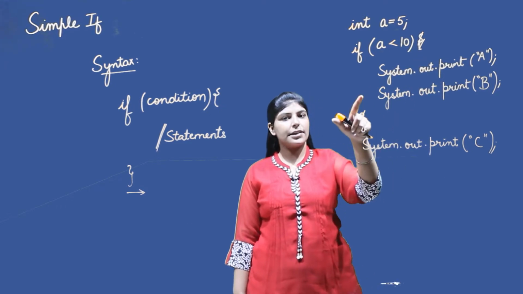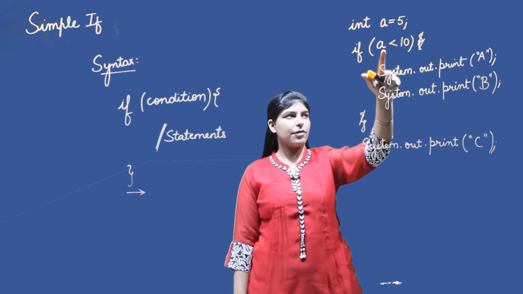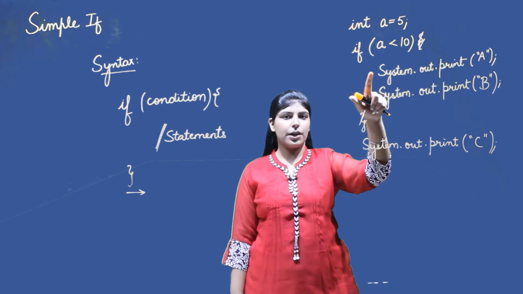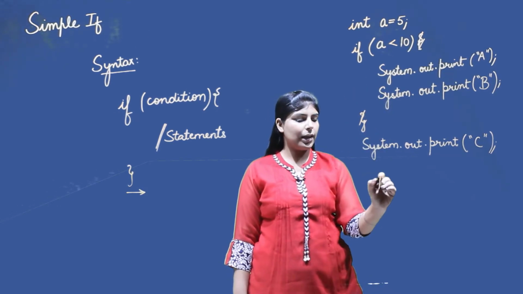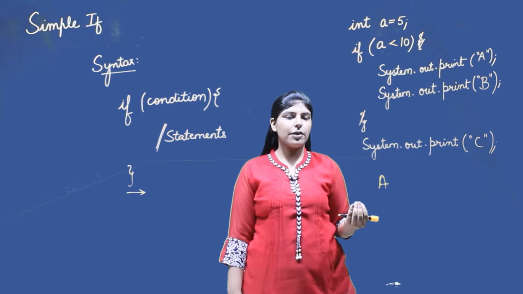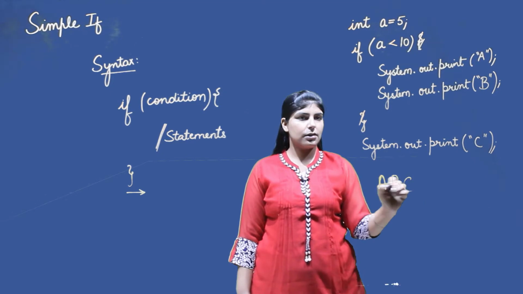This is not inside the if block now. Now I have a less than 10, so a value is 5, 5 less than 10 becomes true. This line is still part of the if block, so this will execute, a will be written in output. Now I will come out of the if block, so B and C will also get printed in this case.